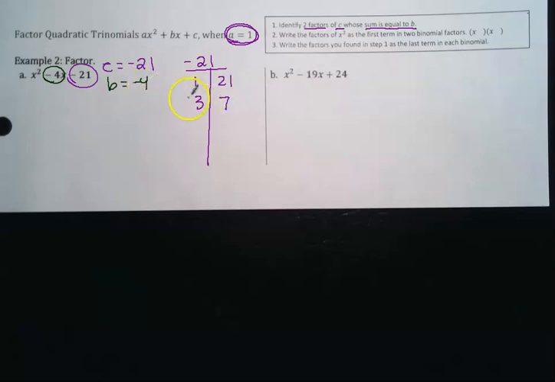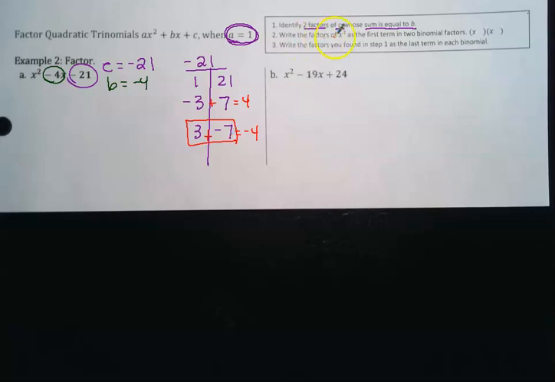Hey, 3 and 7 will get me a 4. So is it negative 3 and positive 7, or positive 3 and negative 7? Which one is going to get me negative 4? This one is: 3 plus negative 7 equals negative 4. Negative 3 plus 7 would equal a positive 4. So we want 3 and negative 7.